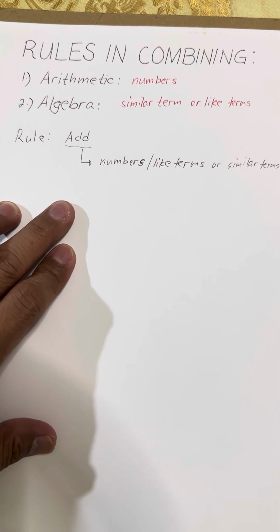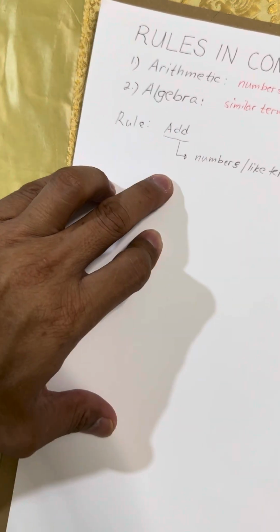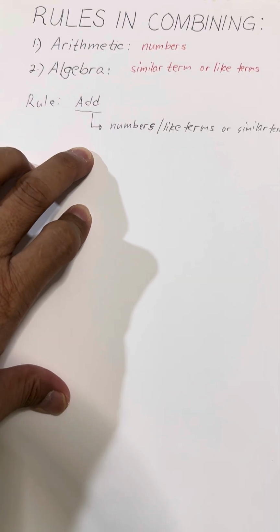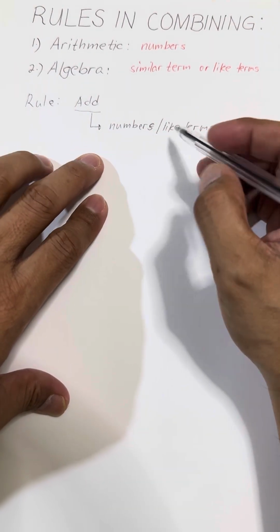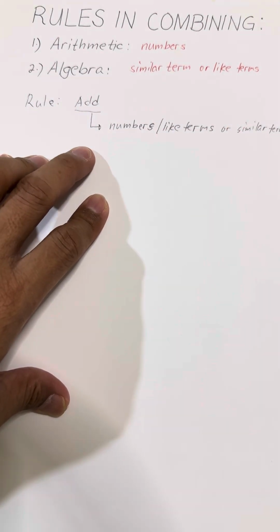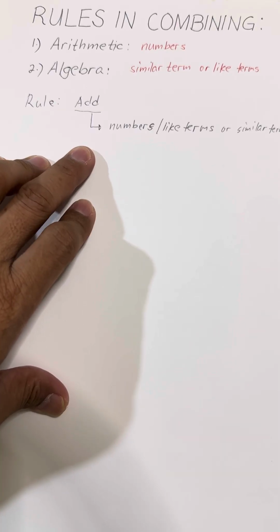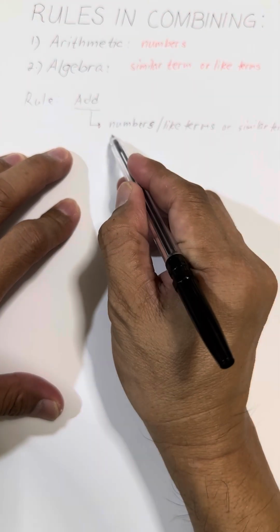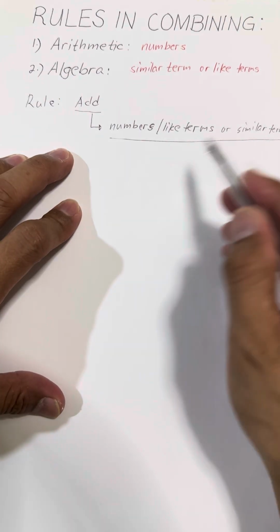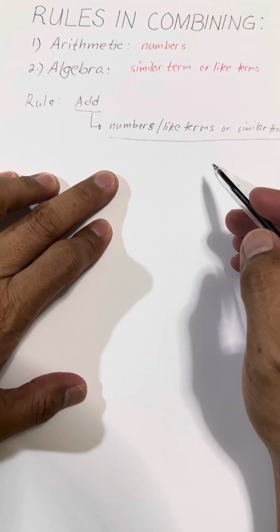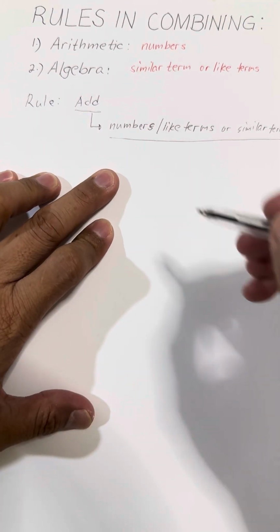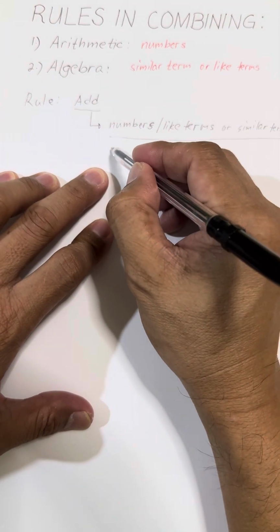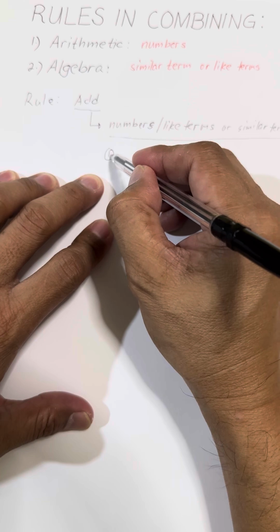Okay, so under this rule, when you add numbers or terms that are similar, there are two rules.